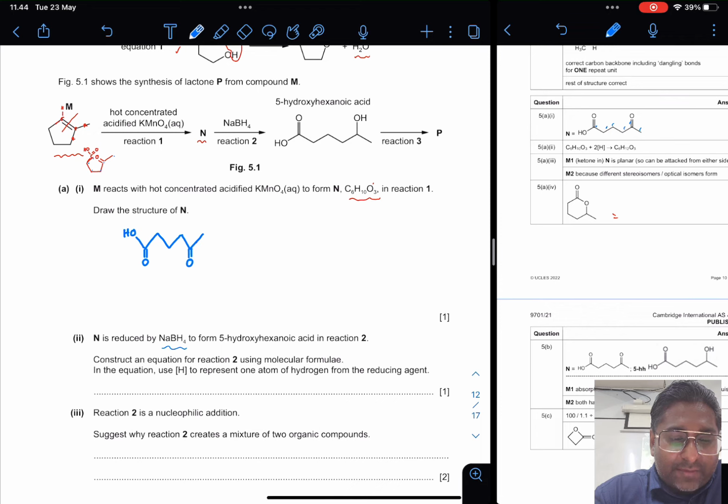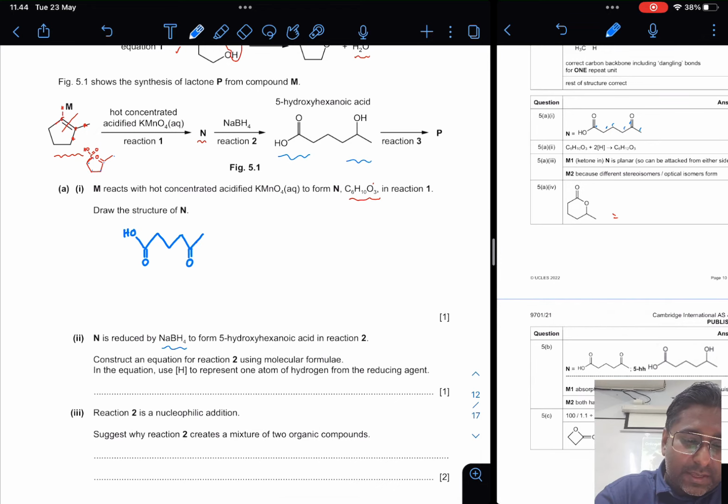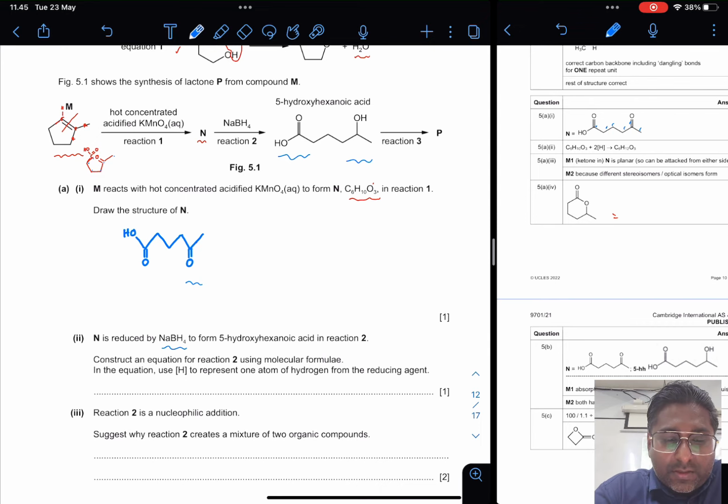In this case, what we can see is the carboxylic acid group remains, but the ketone part over here is going to change into OH. This is reduction of ketone. Reduction of ketone will give you a secondary alcohol, so basically we are going to have the secondary alcohol being formed. So we need to construct an equation.